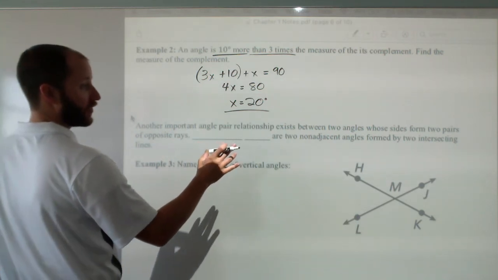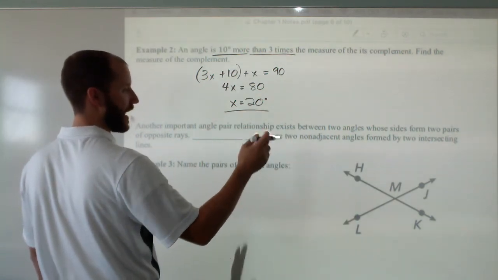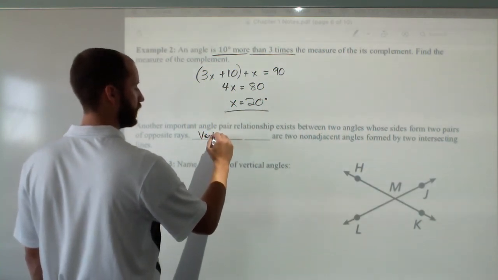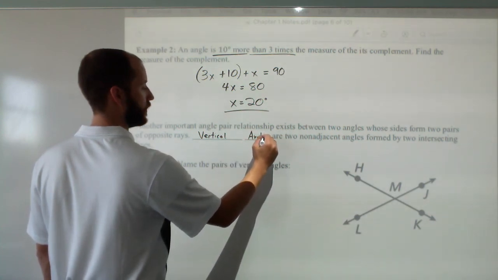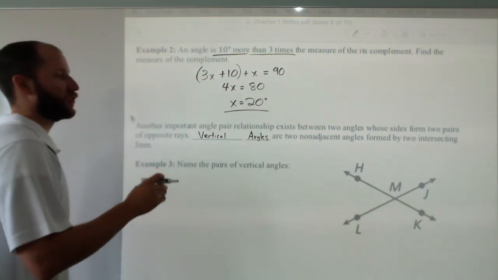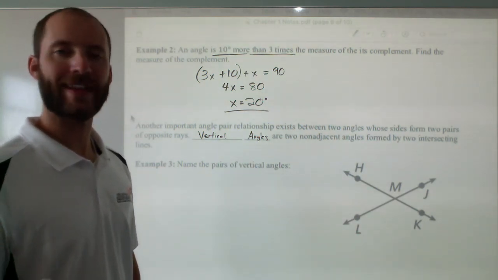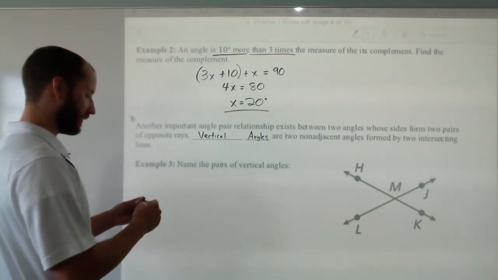When 2 lines intersect each other, we have angles that form on opposite sides, okay? And we call those vertical angles. They are 2 non-adjacent angles formed by 2 intersecting lines.